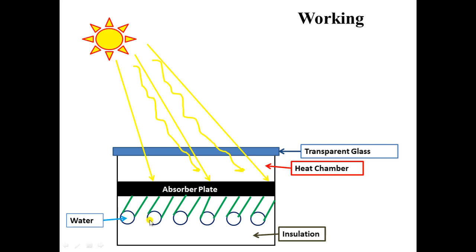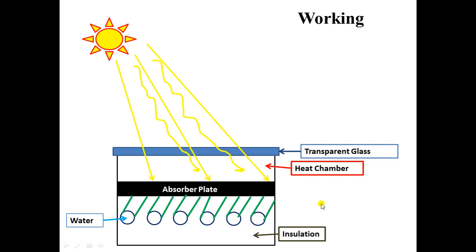This hot water is then taken out using the outlet pipe and used for any domestic purpose. The insulation between the tubes prevents any heat loss. So this is the working of the liquid flat plate collector.